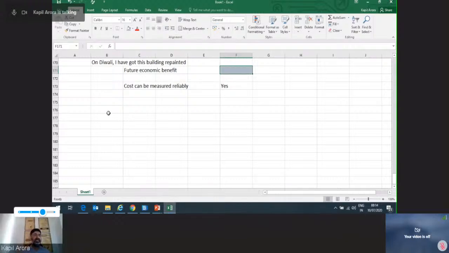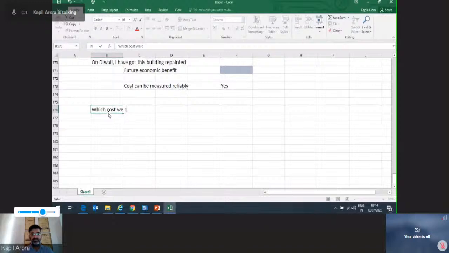Before discussing this, I would just like to tell you one thing: which cost we incur subsequently should not be part of property plant and equipment.